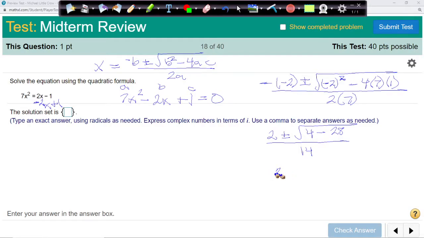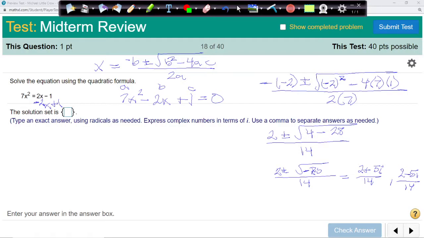So we get 2 plus or minus square root of negative 25 over 14. Square root of negative 25 is 5i. So we get 2 plus 5i over 14 as one answer, and 2 minus 5i over 14.